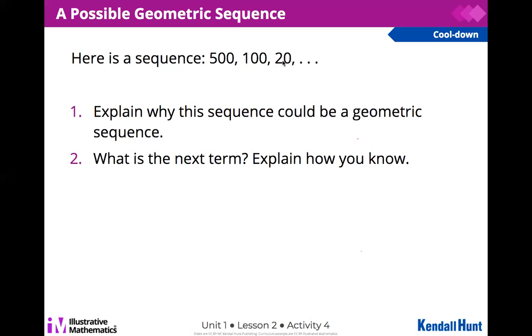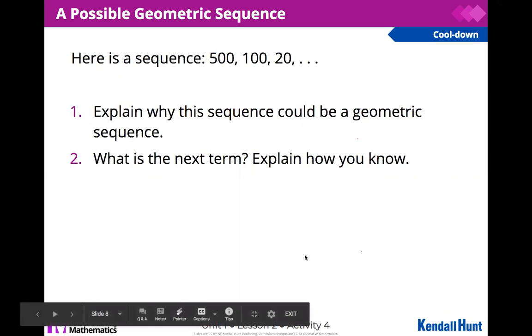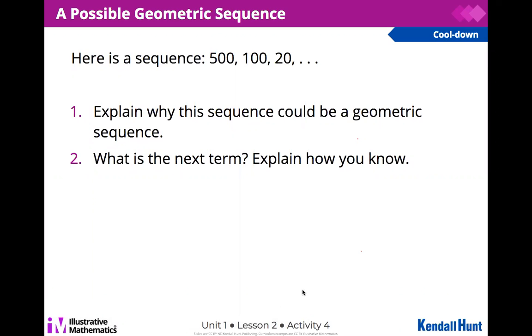And 500 divided by 100 would also be 5. So it looks like by dividing by 5, I can keep going. So for question 2, 20 divided by 5 is going to be 4. So the next term will be 4.